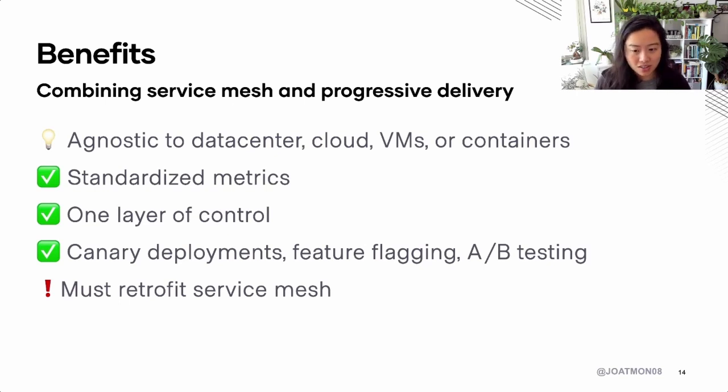Most cloud migrations are running kind of in this hybrid mode or multiple environments for a couple of years. And if you plan on doing that and you have many applications that have to be migrated, you might consider retrofitting the service mesh into an older environment, just so you have the single level of control and you're able to automate and standardize the process of cloud migration and progressively deliver new applications in a new environment.